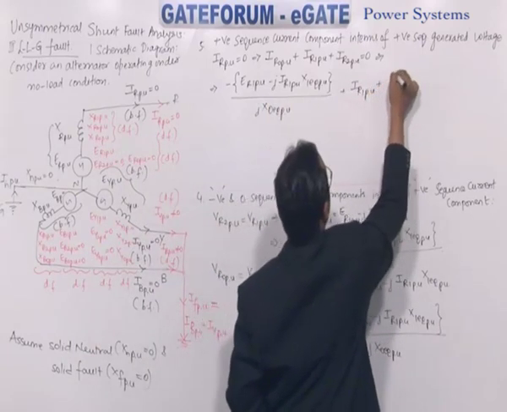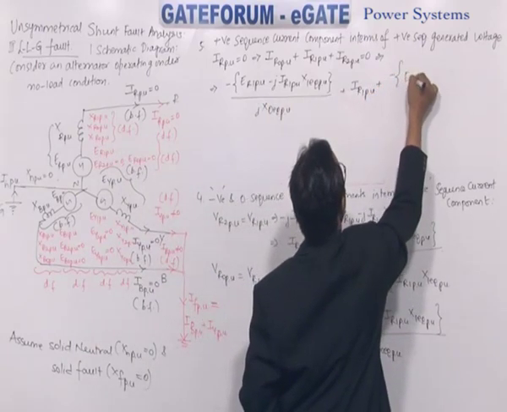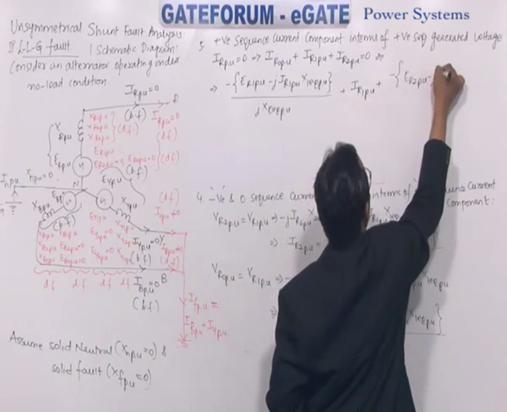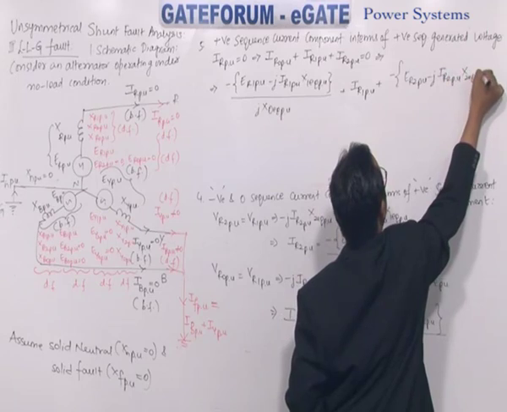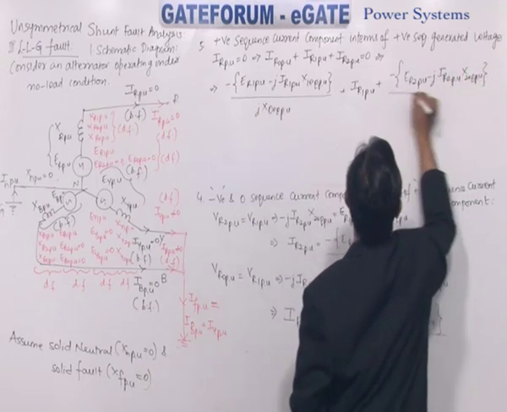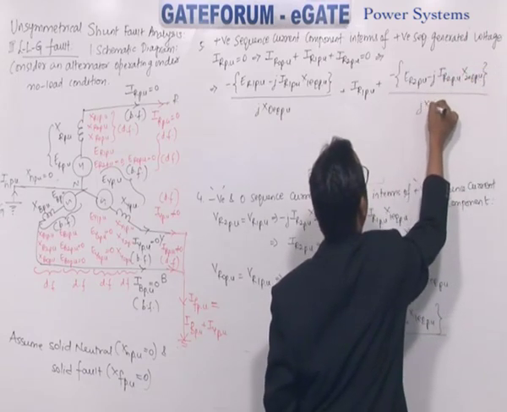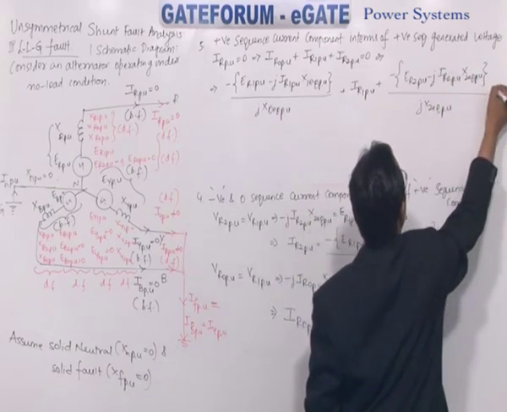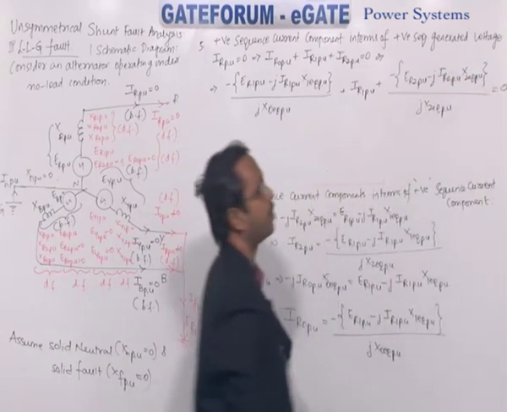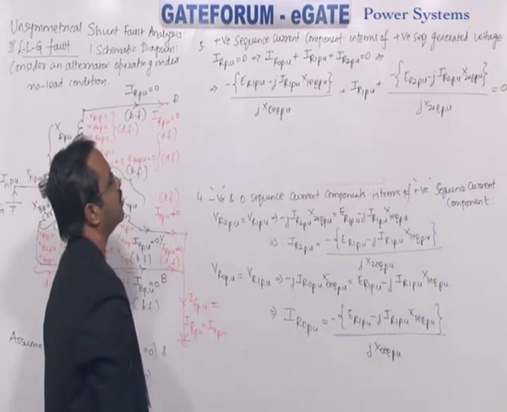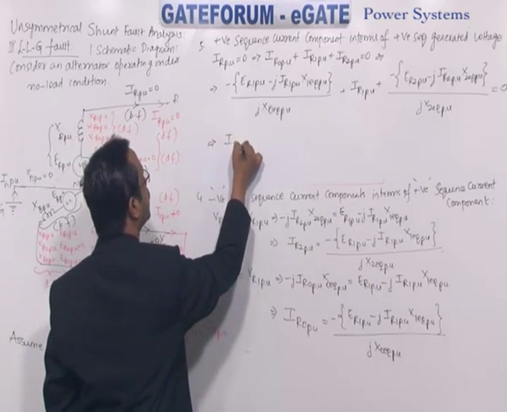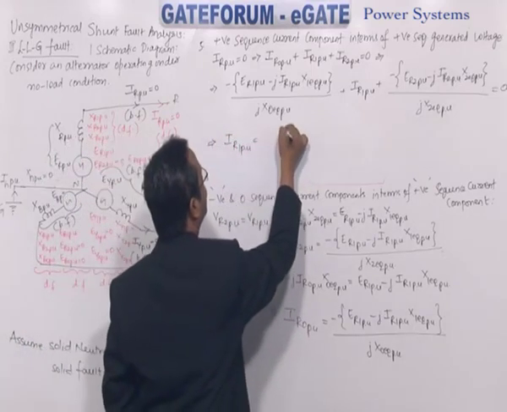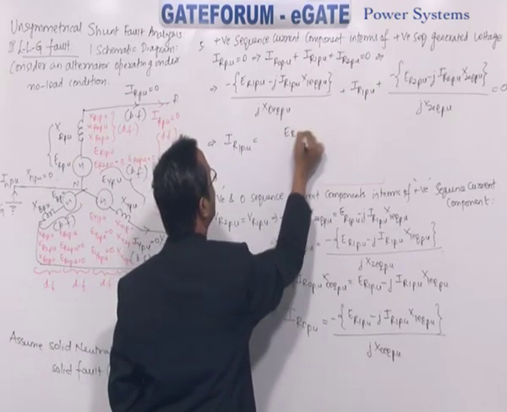Now IR2 is minus of ER2 minus J IR2 X2 equivalent divided by JX2 equivalent per unit, which is 0. So we have to simplify this equation and find IR1 per unit. On simplifying, this is the answer you get.